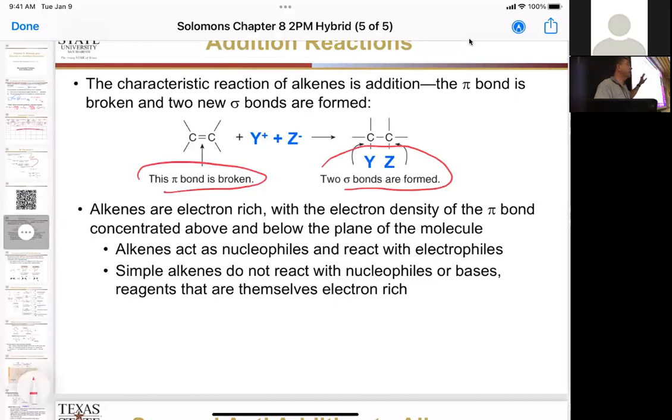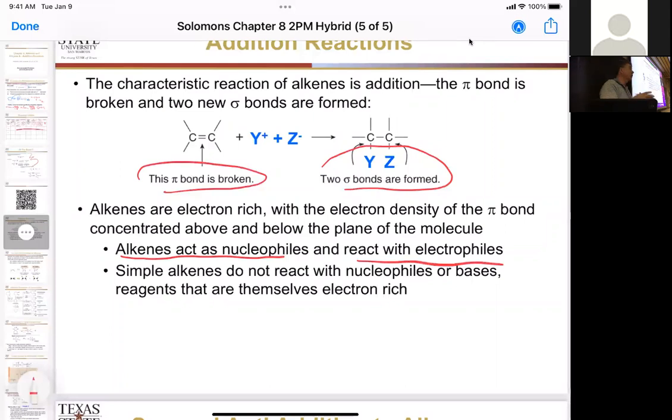And in this one, we're actually going to do the nucleophile with electrophile. It turns out the pi bond is the nucleophile. It has the electrons. So we're going to be looking for electrophiles for it to react with, things with partially positive charges or positive charges. Our alkene is our nucleophile and it reacts with electrophiles.